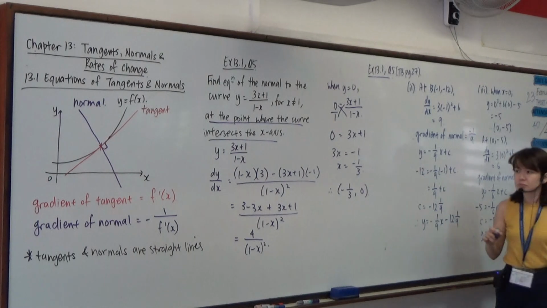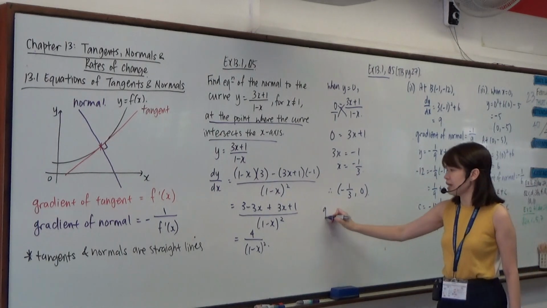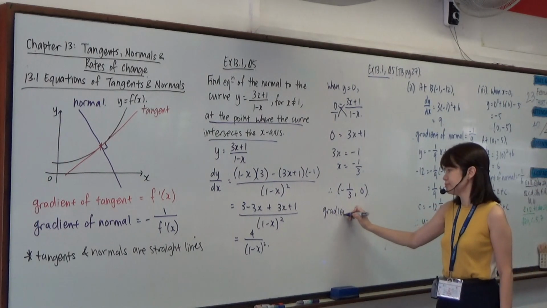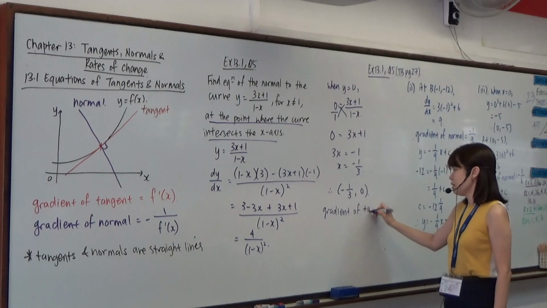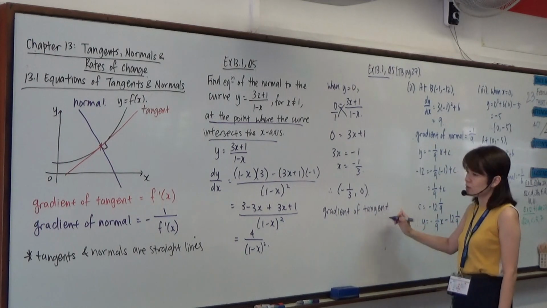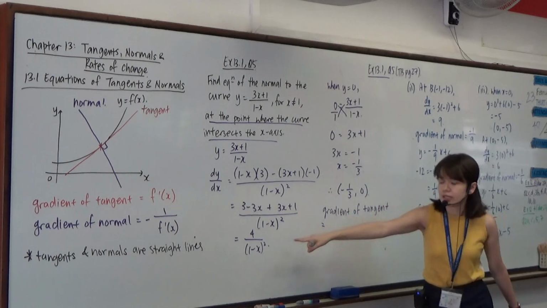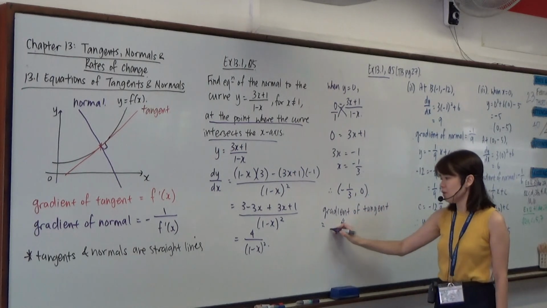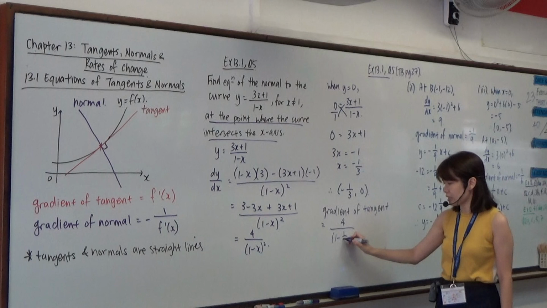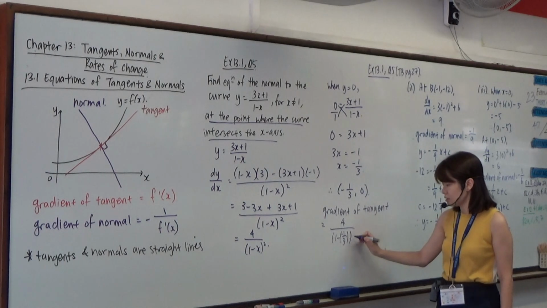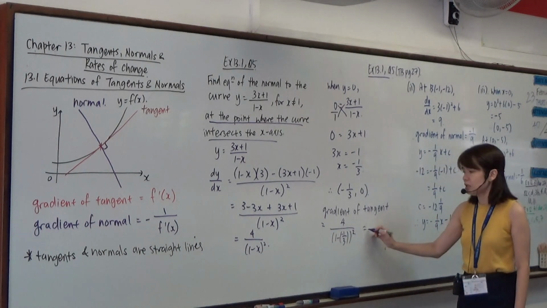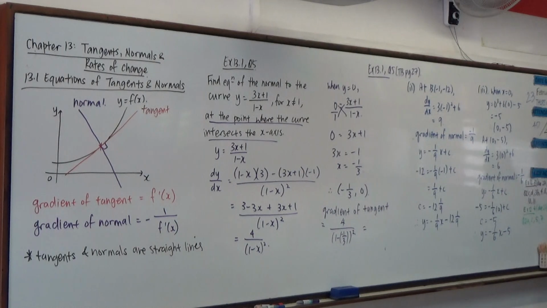Then now we find the gradient of the tangent. Upon substituting x equals negative 1 third into here, you will have 4 over 1 minus negative 1 third. That would give you 9 over 4.